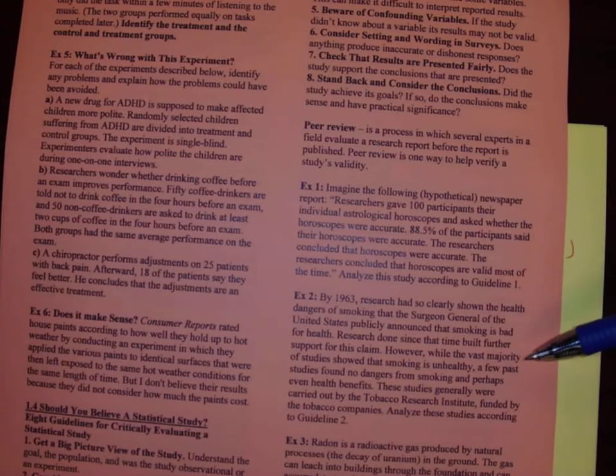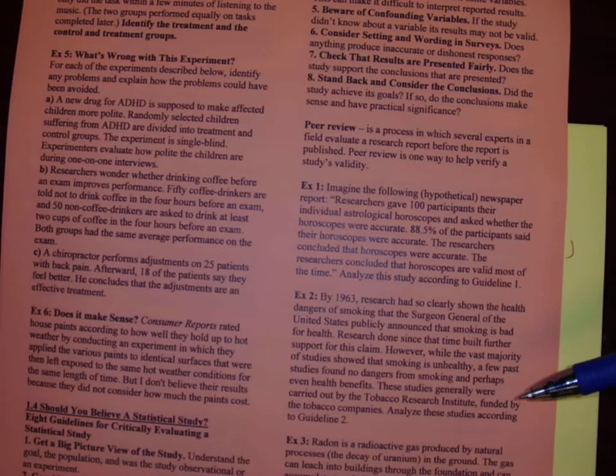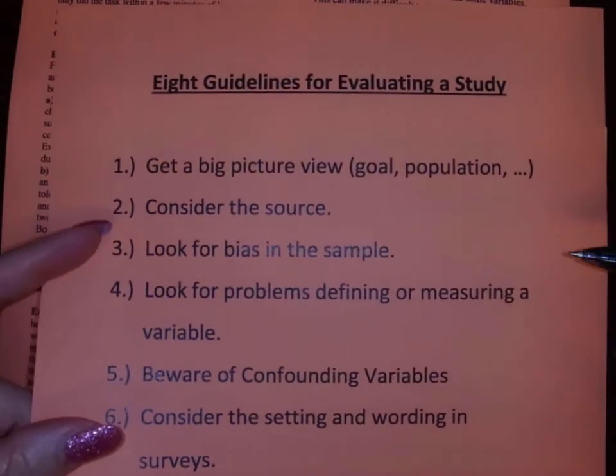However, while the vast majority of studies showed that smoking is unhealthy, a few past studies found no dangers from smoking and perhaps even health benefits. These studies generally were carried out by the Tobacco Research Institute, funded by the tobacco companies. Analyze these studies according to Guideline 2. Consider the source.